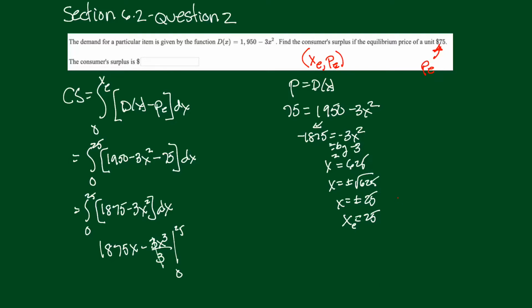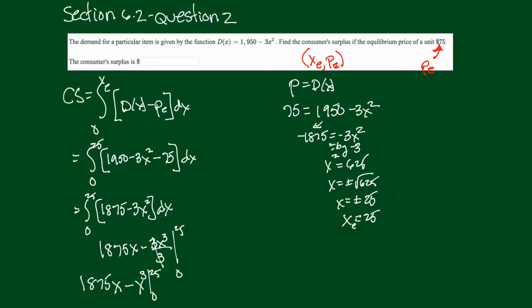Those 3's will cancel, right? So we're looking at this one. 1875 minus x cubed from 0 to 25. Well, I almost got that. Let me rewrite it. I forgot the x. 1875x minus x cubed from 0 to 25.